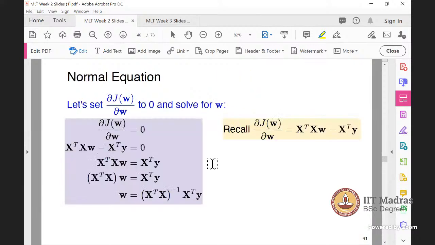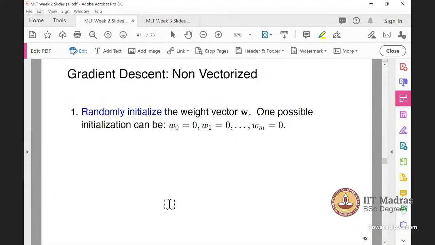For this normal equation method to work, you are computing this particular expression, and for that you are taking the entire feature matrix as well as label vector into your memory. So this is very suitable for small data sets. For any larger data set, this method is not going to work.